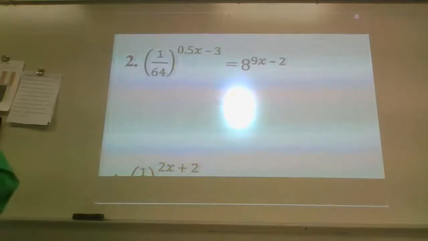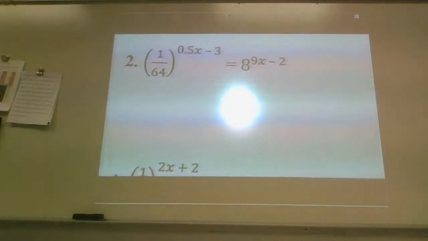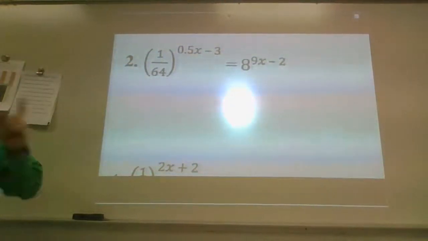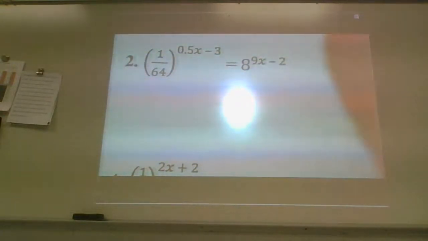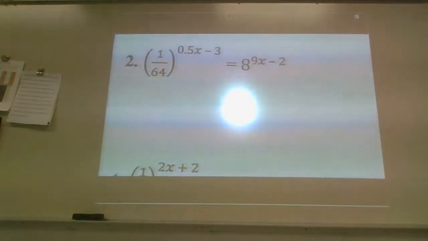The other thing that we now need to deal with is that 1 over 64. Now I'm going to show you exactly what that thing should look like. There's my red pen. So I want you to write this down, and then I want to talk about how we're going to apply this.